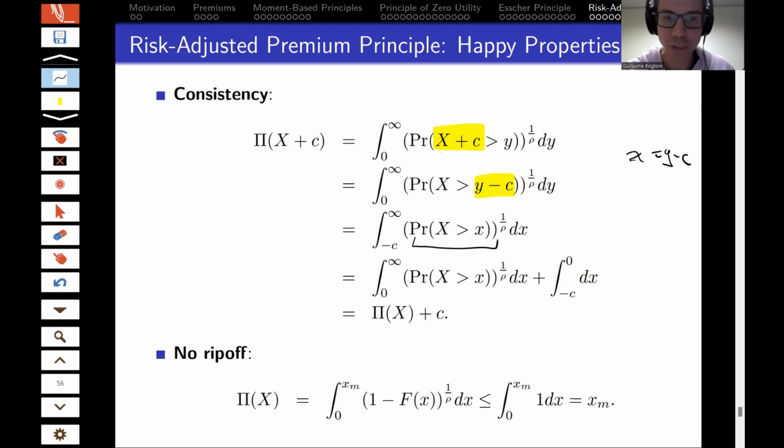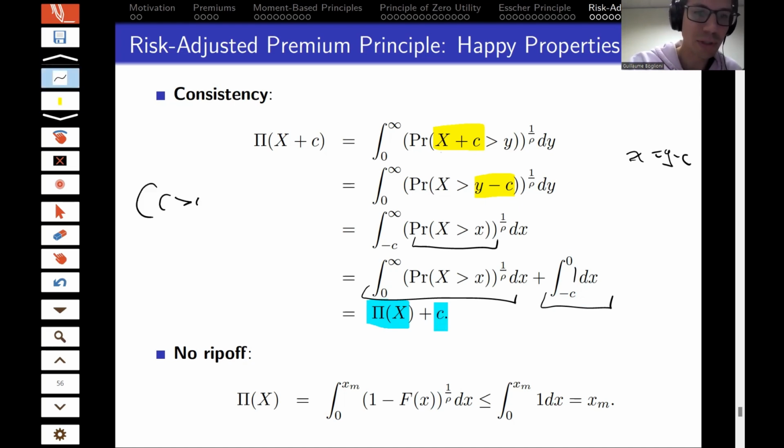Okay, so this is why we split this integral from minus c to 0, and then here we have a 1, and then on this side, from 0 to infinity, that's just the premium of X. Okay, and here of course the integral from minus c to 0 of 1 is just c. So we have what we want. And I guess, well, I suppose here we assume c was positive for this to work.